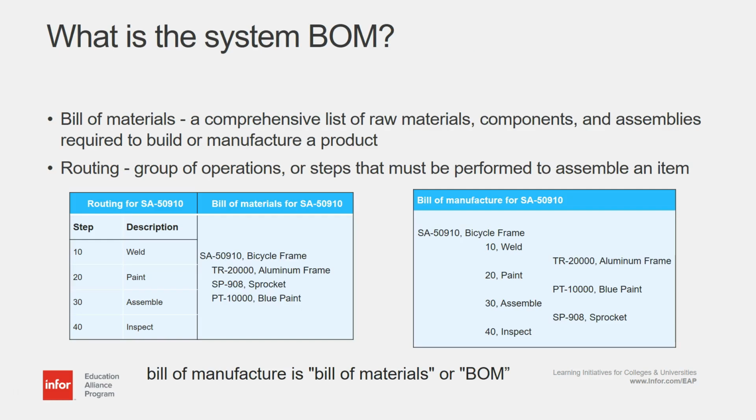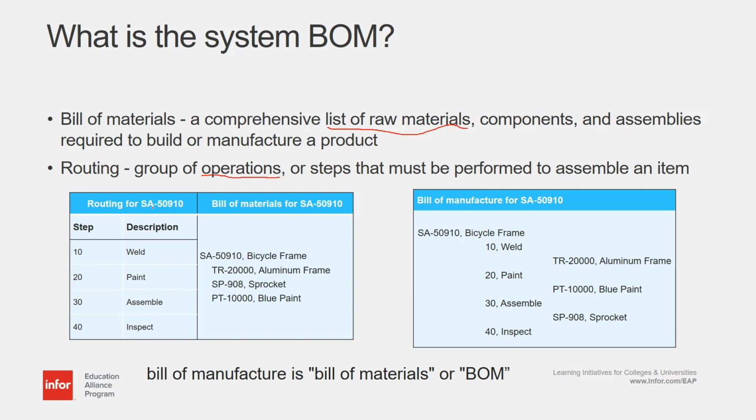So this is an example of a bill of materials. It includes a list of raw materials, a list of the things that we need, the recipe, if you will, a list of materials. And it also has the operations, the steps that are going to be needed to assemble the finished product.